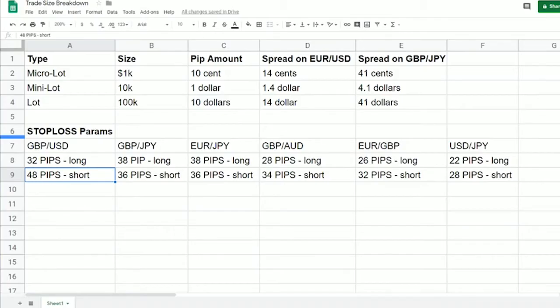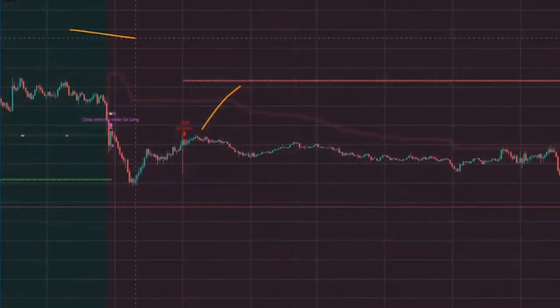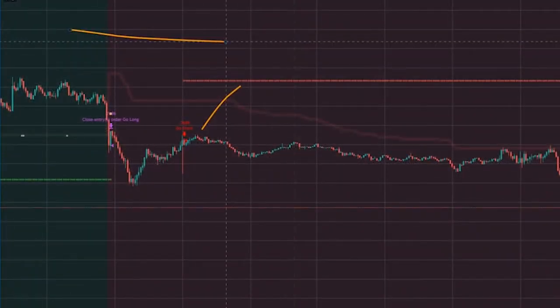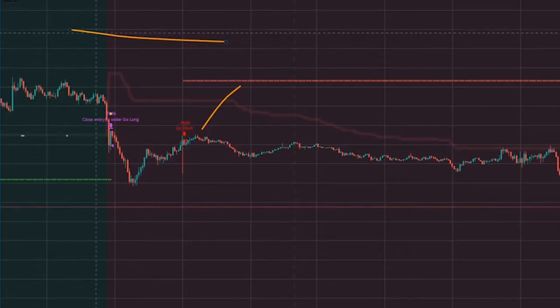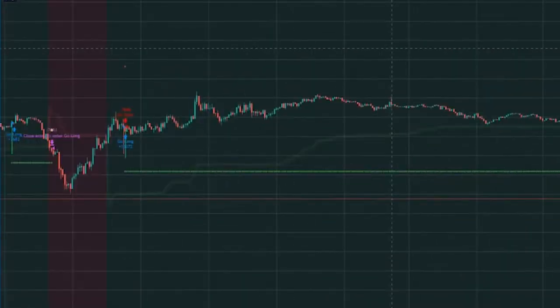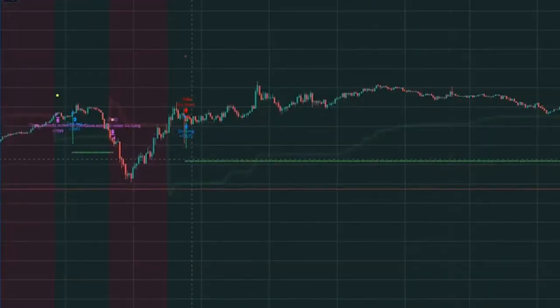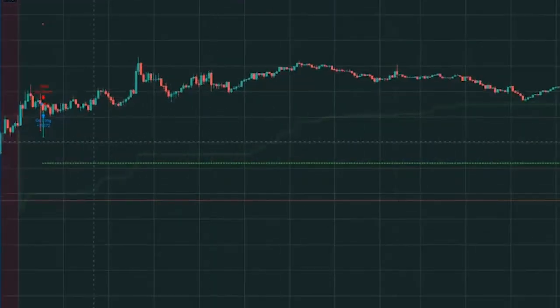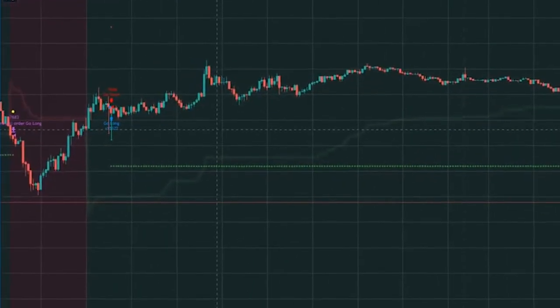You'll lose 48 pips. On the long side, if I scroll over some more, you will see on the long side the solid green line at the bottom. That is the stop loss on your long side.